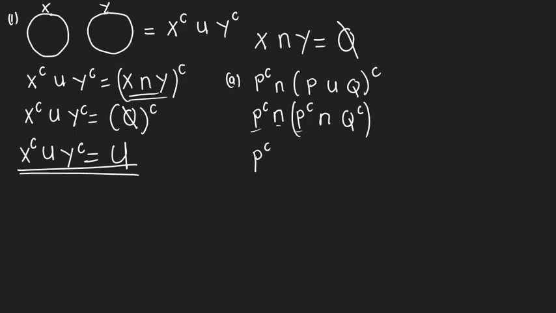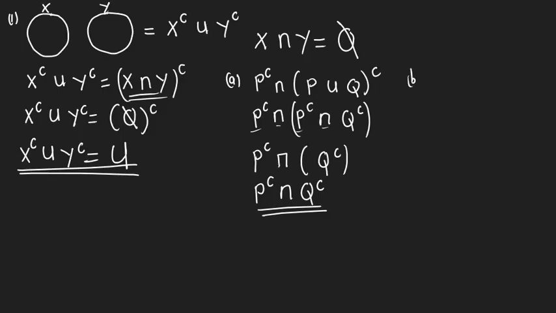The intersection and the intersection are common, so this is going to be the intersection outside. Notice that we factored P out, so we are going to remain with only Q complement. Hence, this set is simply P complement intersection Q complement. And that is our final answer.